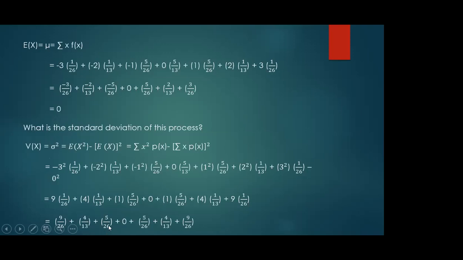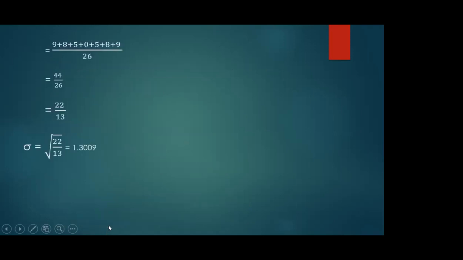Then we have 5 divided by 26. 26 into 26 goes 1 time, so we have 5 plus, but we know that both our sides are equal, so the same values, plus 5 plus 8 plus 9 divided by 26, and it's equal to 44 divided by 26. So we can reduce this, which is going to give us 22 divided by 13.